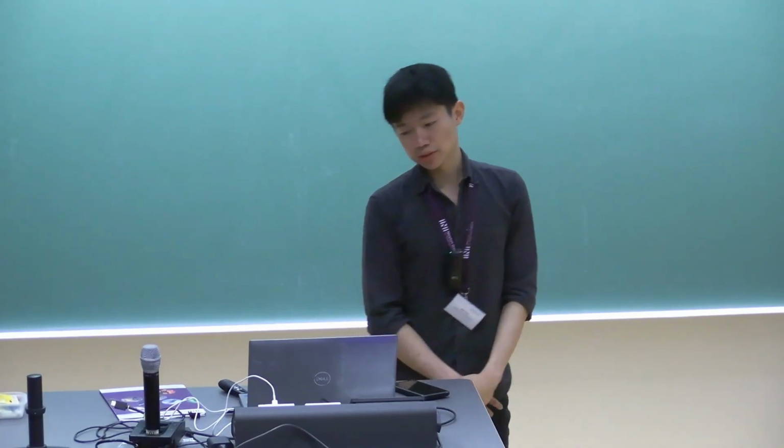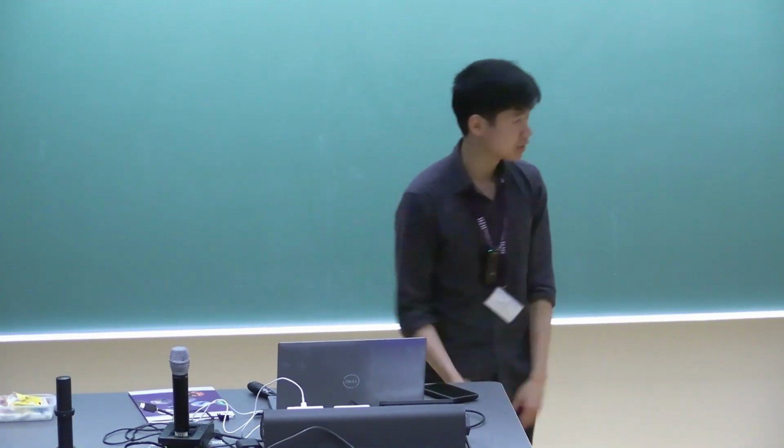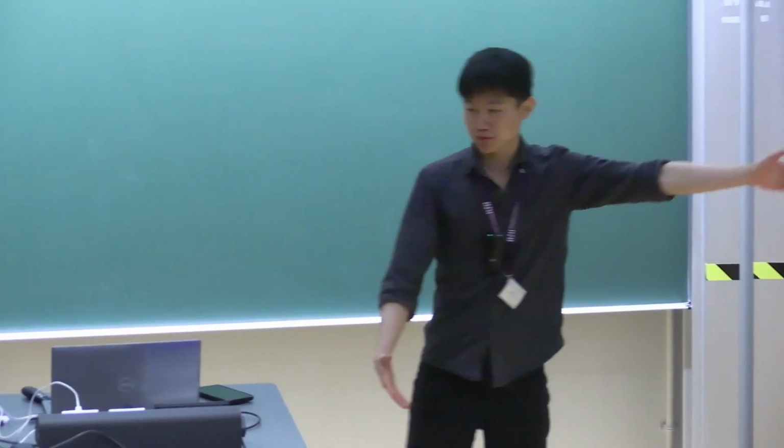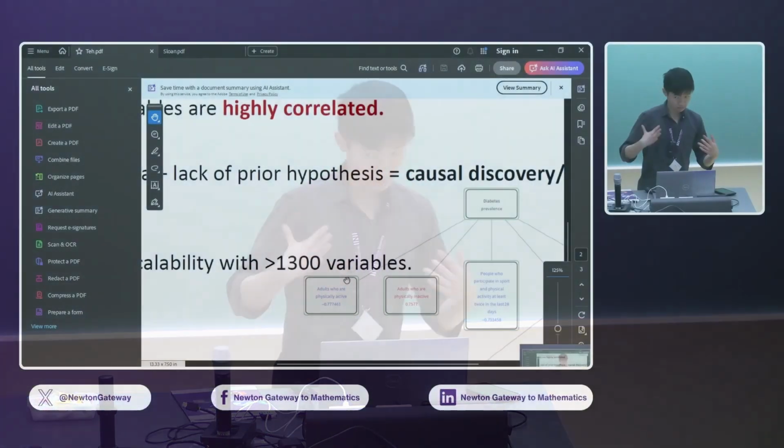I think in that case, it would be feature selection first to deal with the scalability issues. We kind of do that partially already with this categorization. For example, exercise is a category of variables here: adults who are physically active, a percentage in the LSOA of how many adults are physically active.